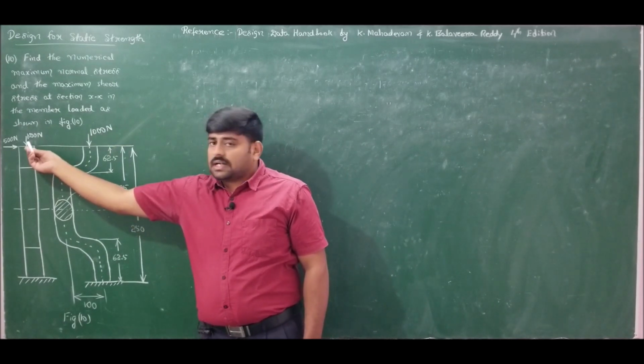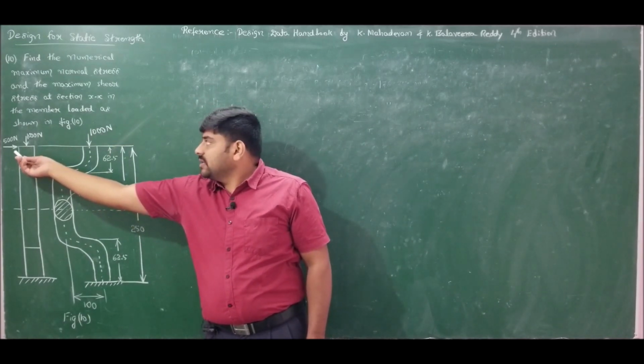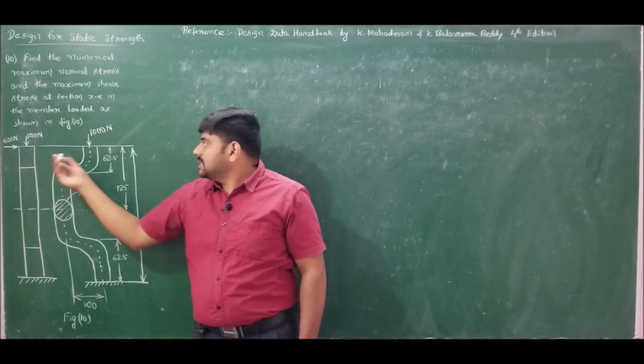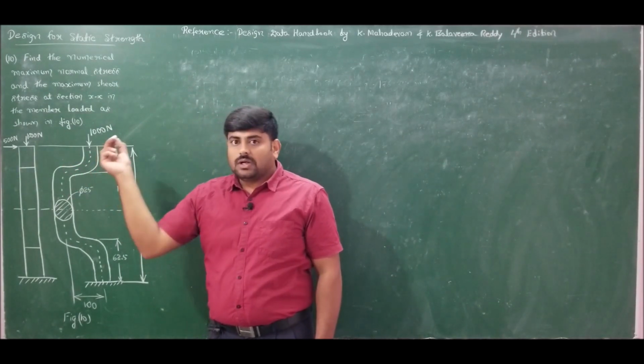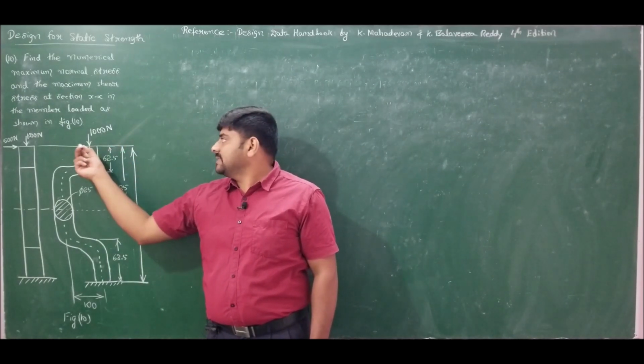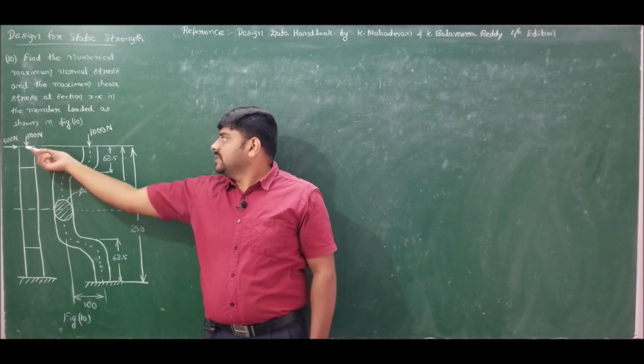The 500 Newton is not visible in the front view because it is acting from inside the board towards the observer, so it is visible only in the side view shown here.